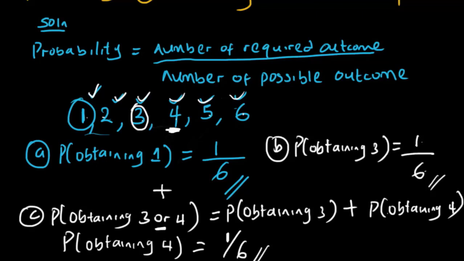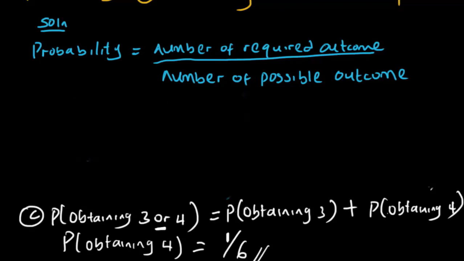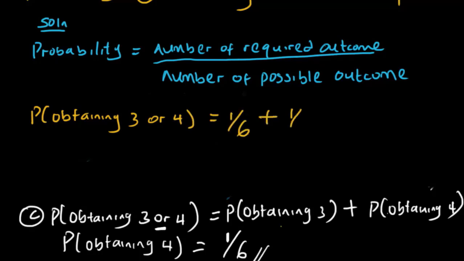Let me clean up so that we can get space. So it means we will be having probability of obtaining 3 or 4 will be equal to 1 over 6, which is the probability of obtaining 3, plus 1 over 6, which is the probability of obtaining 4. Do you understand? I just slot it into this formula.